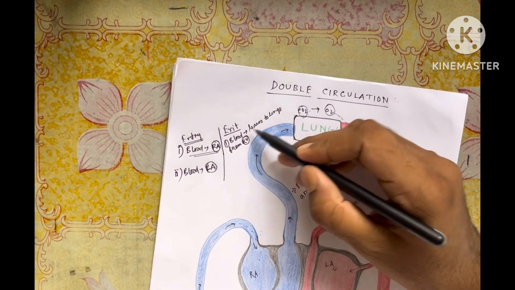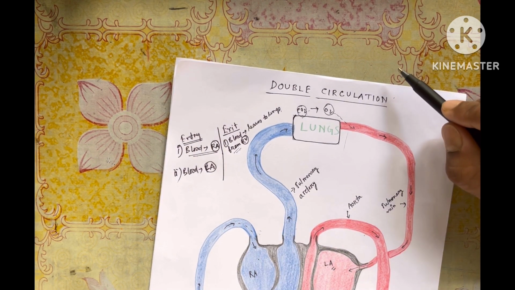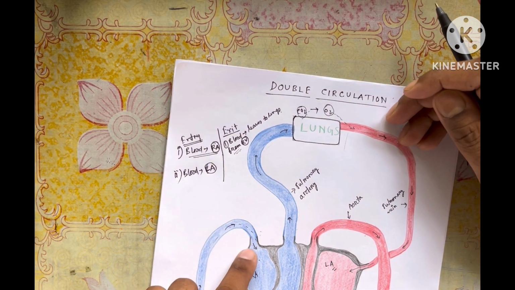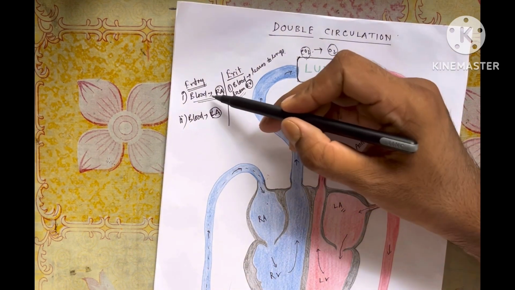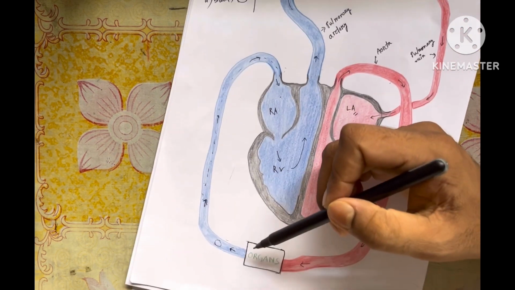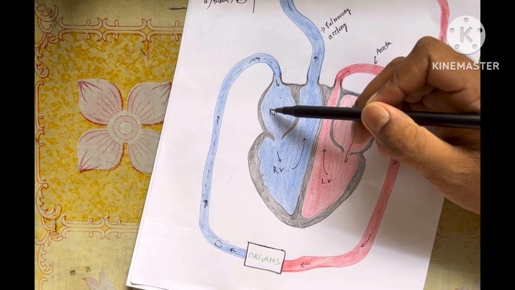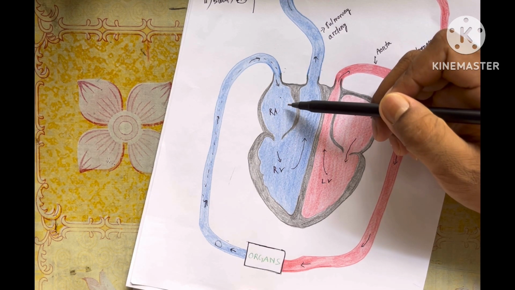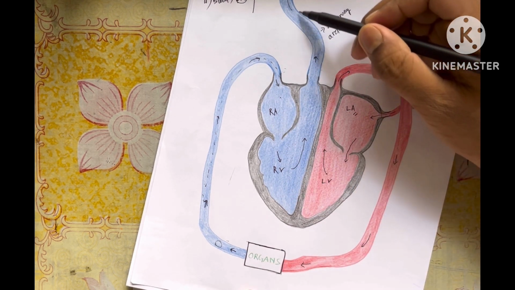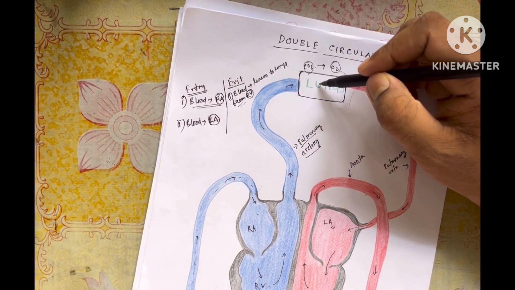When blood first enters our heart from organs, deoxygenated blood enters our right atrium, this is the first entry inside our heart. Then the first exit is when the right ventricle pumps out all its deoxygenated blood through the pulmonary artery towards our lungs.